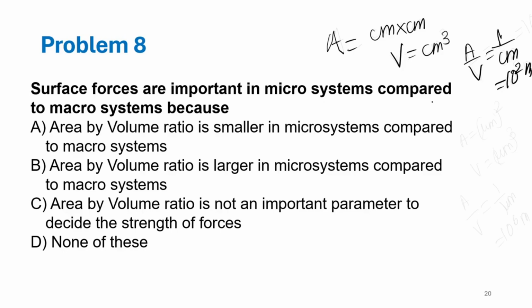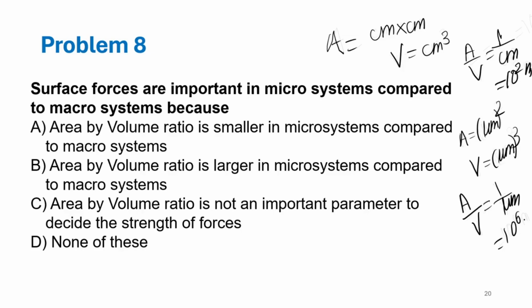If we consider a structure that is having micron scale dimension, then our area will be micrometer the whole squared. So volume will be micrometer the whole cube. Then area divided by volume will be 1 by micrometer. So that is 10 power 6 per meter.